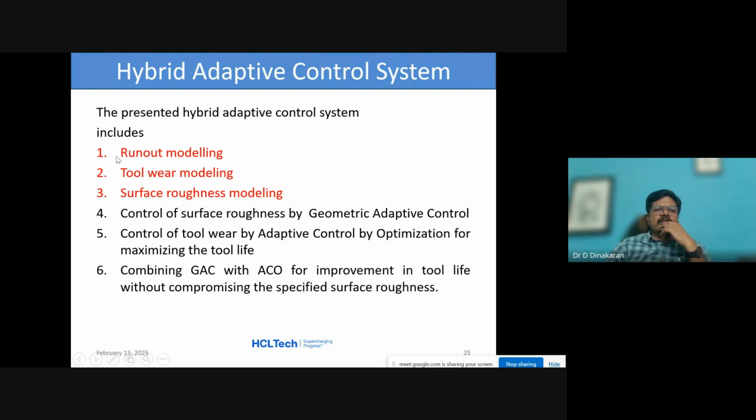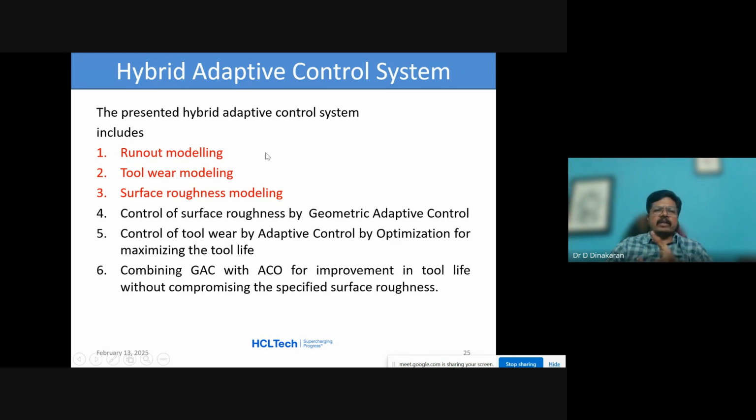And what is done is the runout model. Already I told you, I measured the runout conventionally through some gauges, so I know what the runout value is. For the various runout conditions, how much is the value of force and how much is the value of vibration, continuously recorded through the data acquisition system?